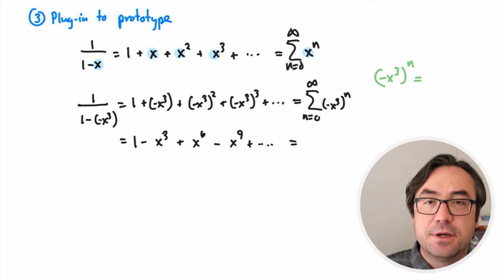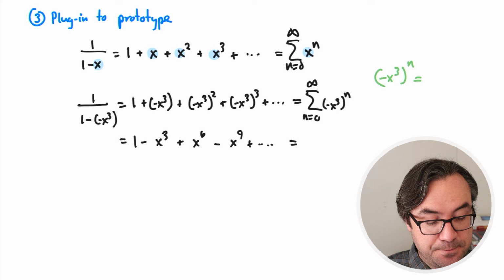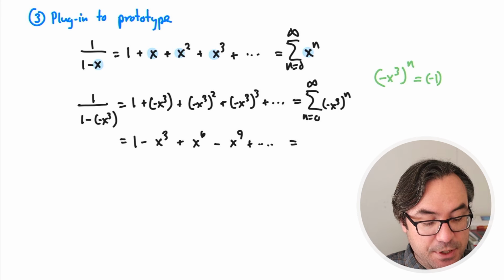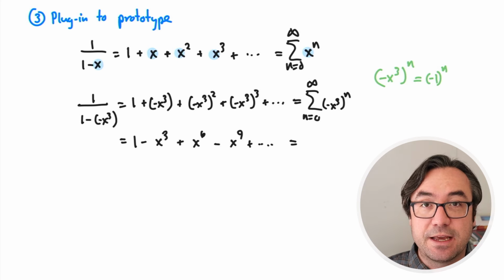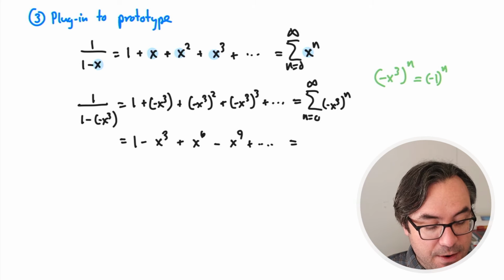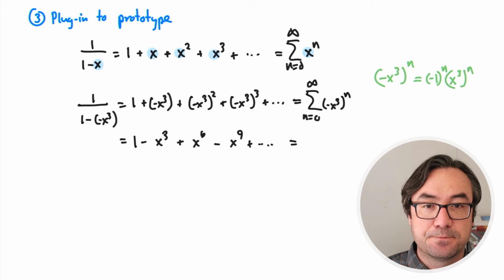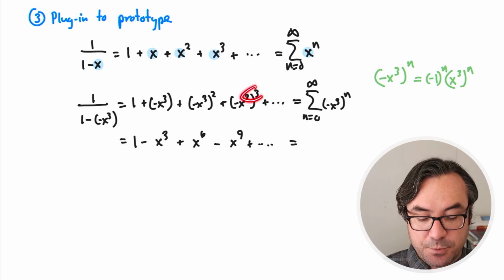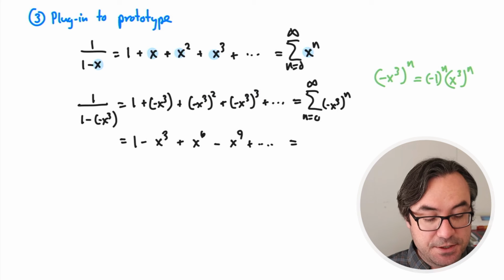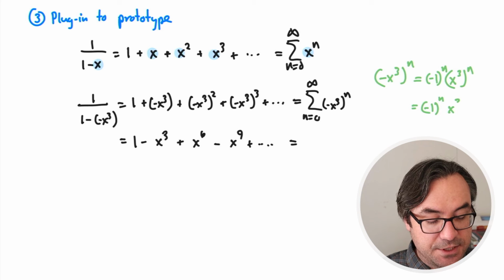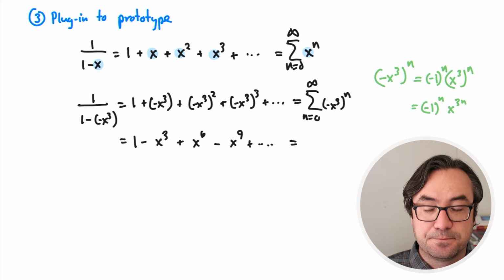We can distribute that exponent to the negative 1, so we get negative 1 to the n. And then we can distribute the exponent to the x cubed part. Just like we did in all these previous ones, we multiply the exponents. So we end up with negative 1 raised to the n times x raised to the 3n.